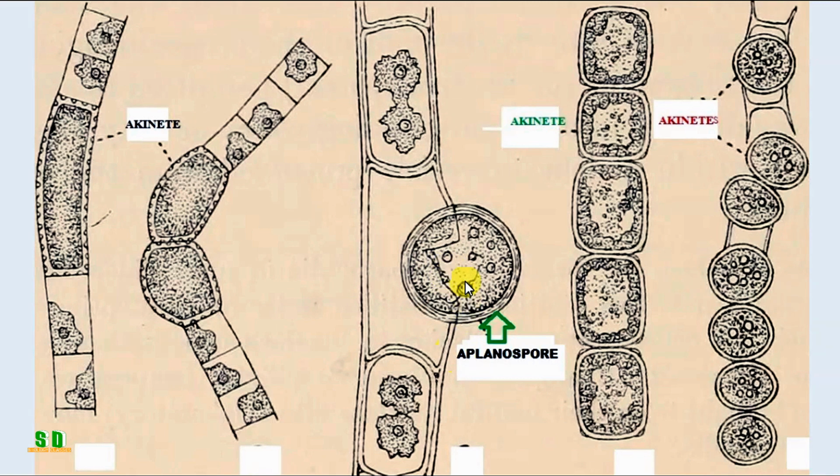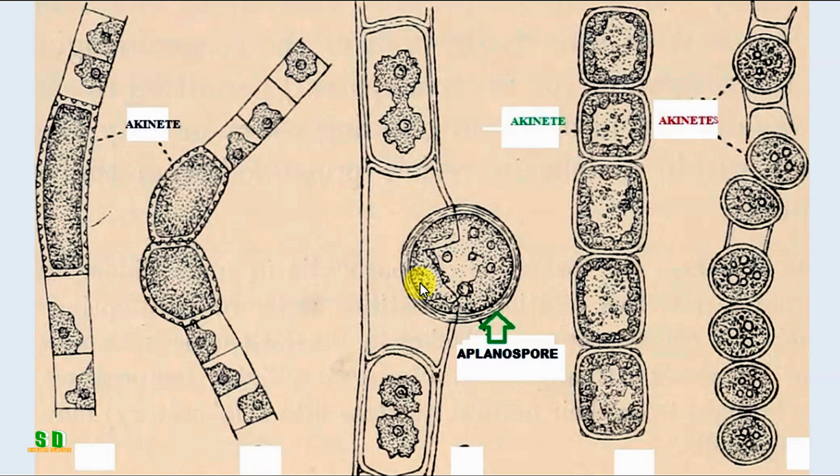Here again I am talking about aplanospore. A means absence. Plano means motile stage. So the motile stage is absent here. You can see the aplanospores are non-motile. They are non-flagellated structures, whereas in the case of zoospores, they are the motile spores.